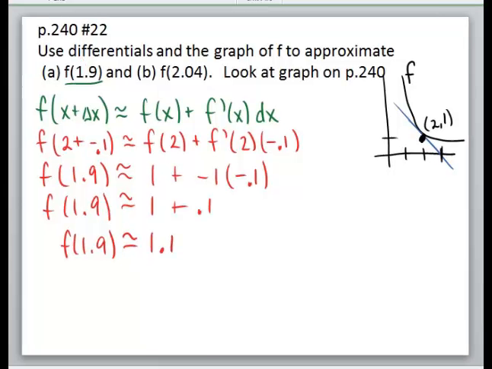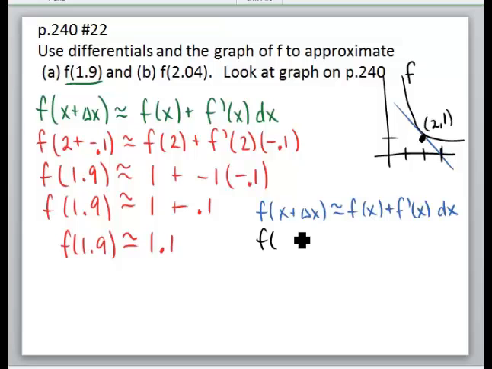Okay, so I just figured out approximating f of 1.9, and now I'm going to approximate f of 2.04. So I'm going to use the same formula. f of x plus change of x is approximately f of x plus f prime of x dx. This time, again, I only know what the function height is at 2.